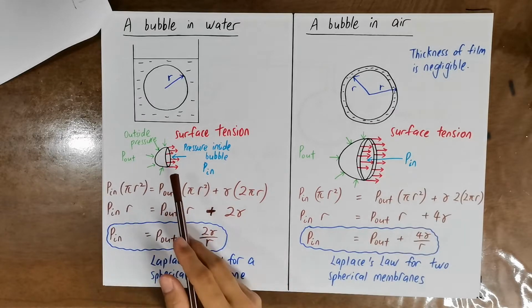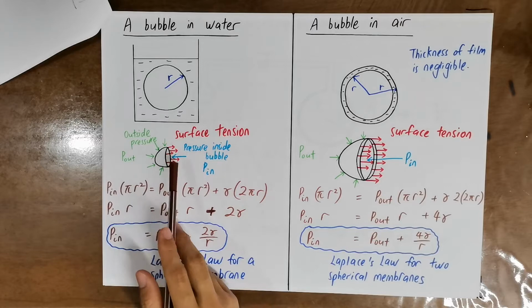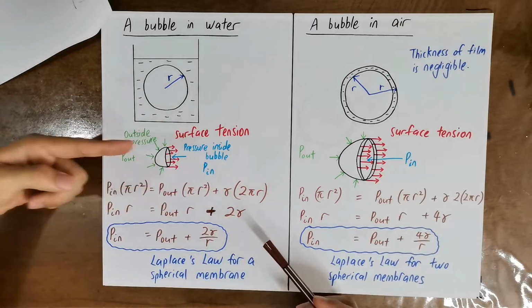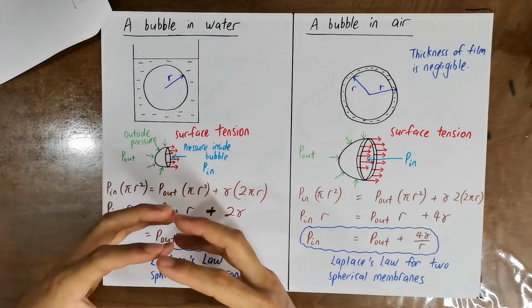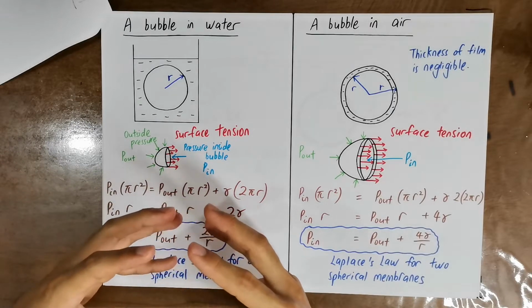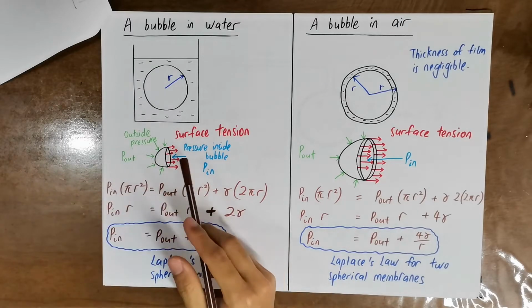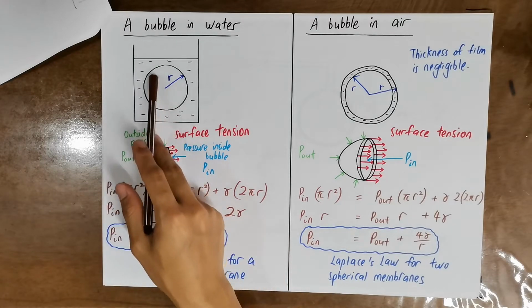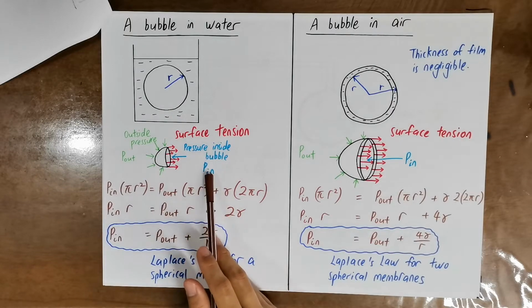The surface tension force acts in this direction, because the surface water molecules attract one another. You have some air inside the bubble, so you still have some pressure inside the bubble.